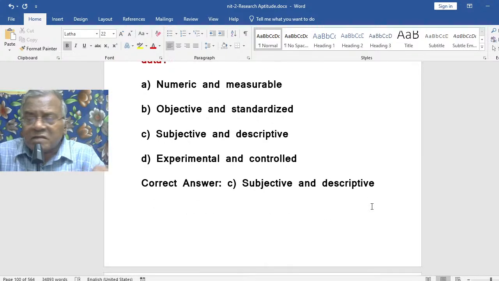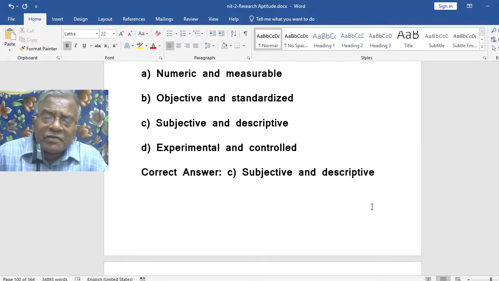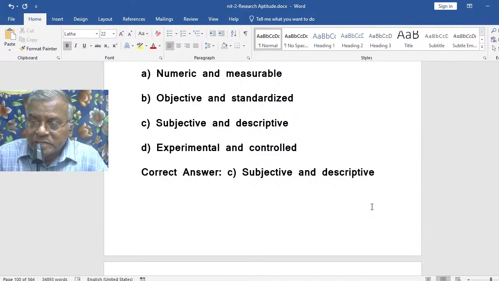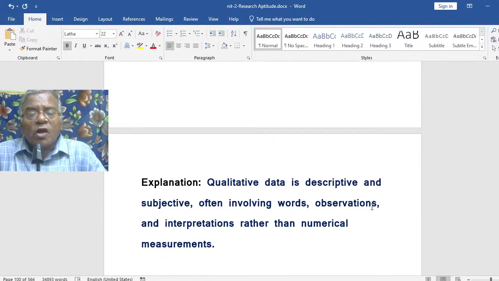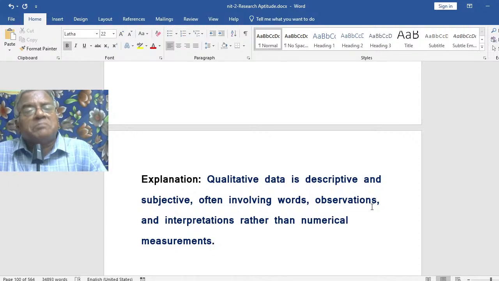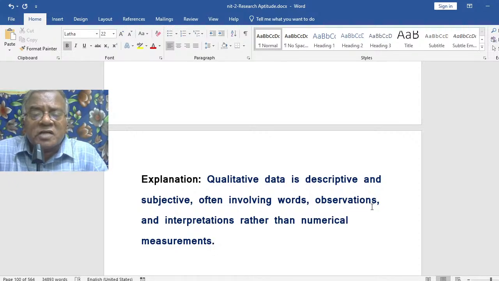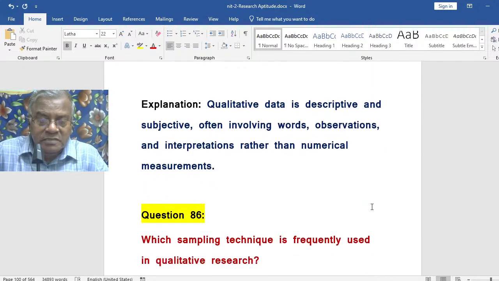Subjective and descriptive, because the researcher himself takes the responsibility of formulating the topic and the group which he wants to study and the methods which he wants to use. So that way it becomes subjective and descriptive. That is the characteristic of qualitative data. Qualitative data is descriptive and subjective, often involving words, observations and interpretations rather than numerical measurements.